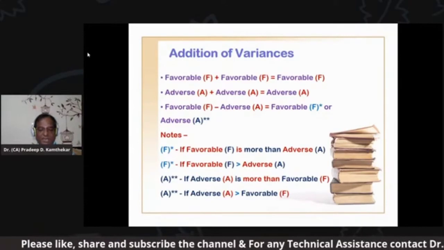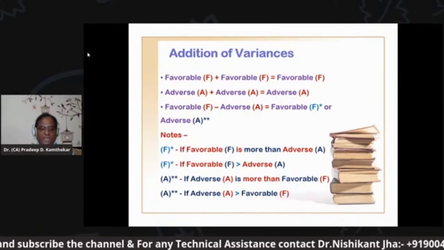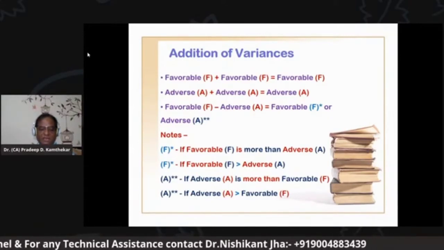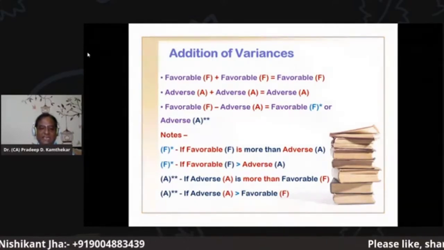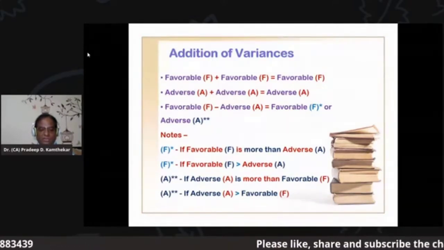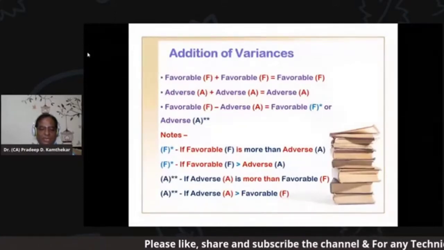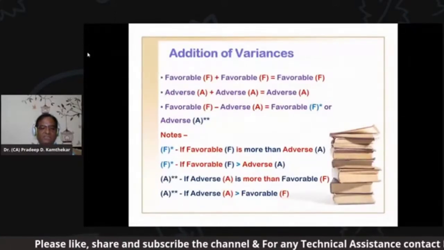And the third and very important final thing, when we have one variance as favorable, that is positive, and the other variance as adverse as negative, and when we have to actually add both, you cannot add favorable to adverse and adverse to favorable.